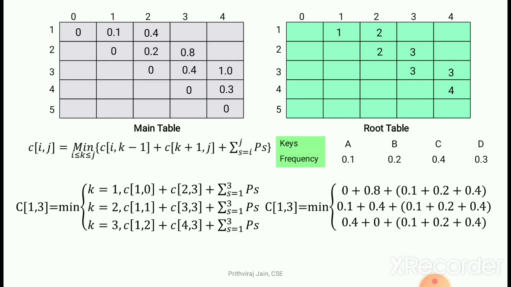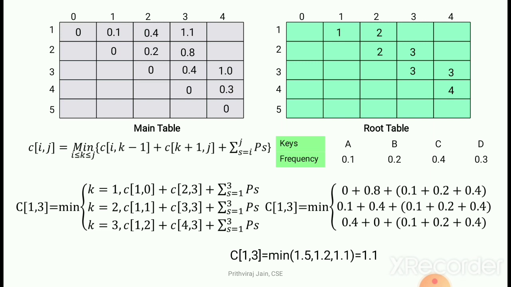So C of 1 comma 1 plus C of 3 comma 3 will be 0.1 plus 0.4, and C of 1 comma 2 plus C of 4 comma 3 will be 0.4 plus 0. For C of 1 comma 3, we get the minimum of 1.5 comma 1.2 comma 1.1. The minimum value is 1.1.